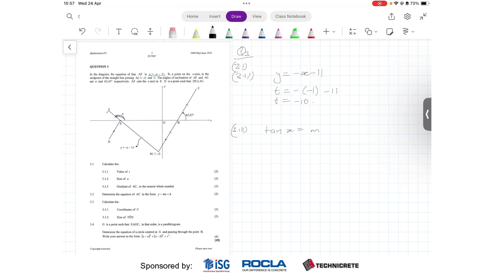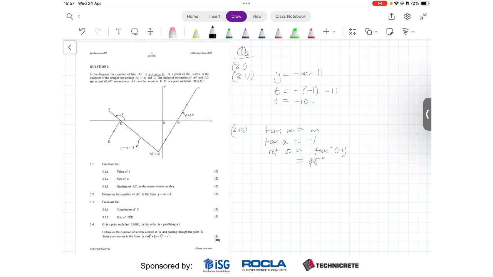We know that our angle x is alpha, and the gradient for our line AF will then be minus 1, which tells us that the reference angle is equal to tan inverse of 1, which is equal to 45 degrees.